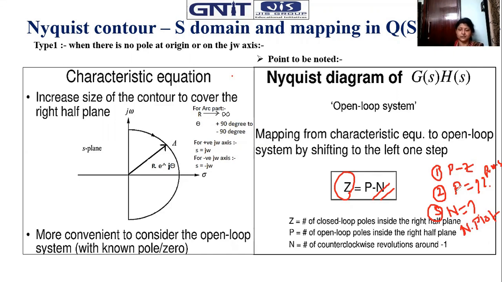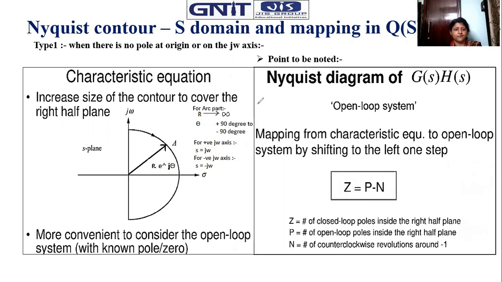So we can put another one, that is, Z equals minus N. So the number of encirclements, which will be clockwise in that case, should be exactly equal to the number of zeros existing in the system, or the number of closed loop poles existing in the system. So this is all about the principle.